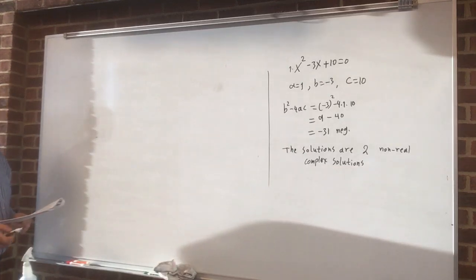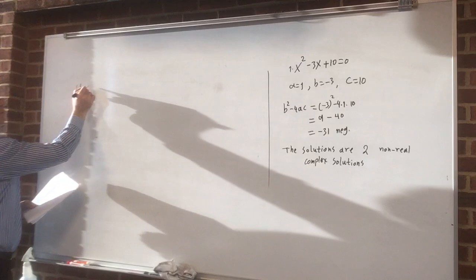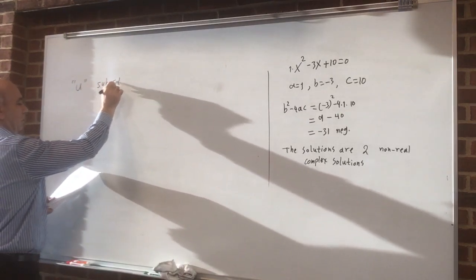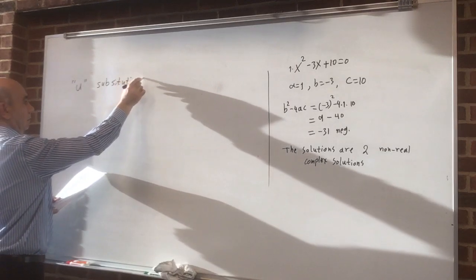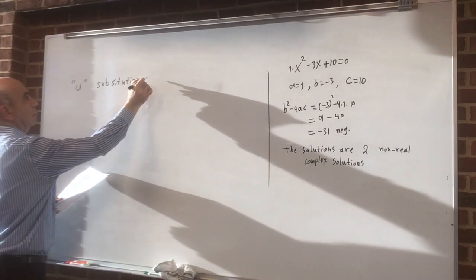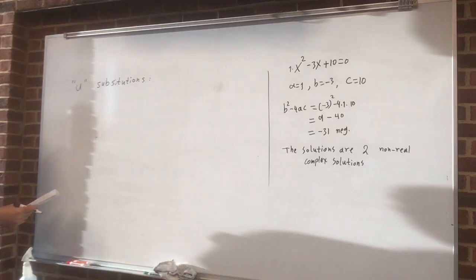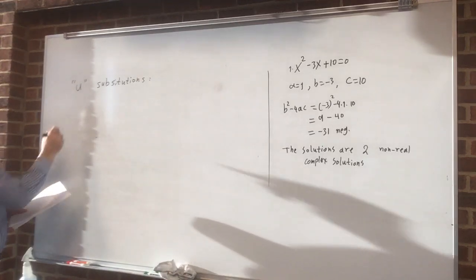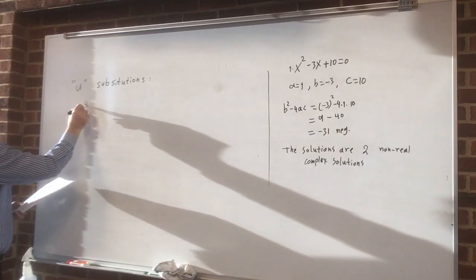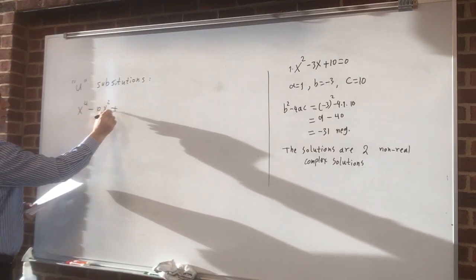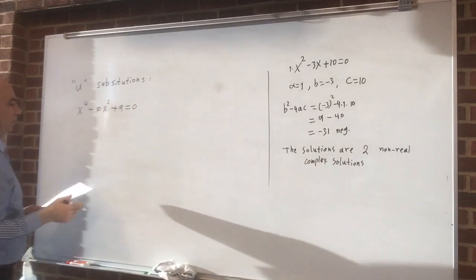Another method to solve quadratic equations is called u substitution. So for example, if we have this equation, x to the power 4 minus 10x squared plus 9 equals 0.